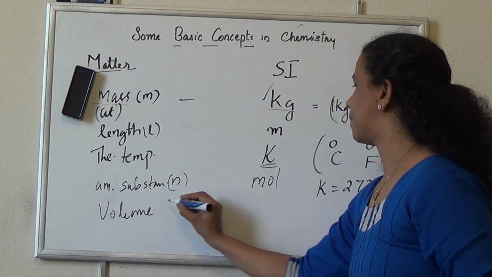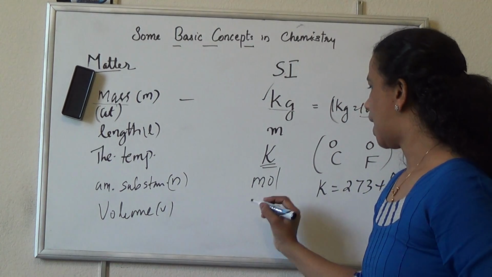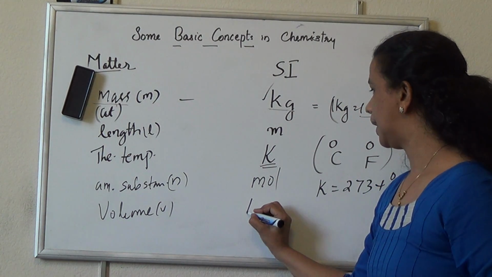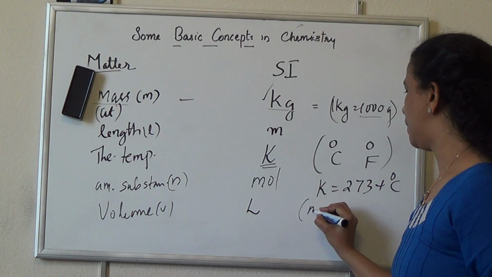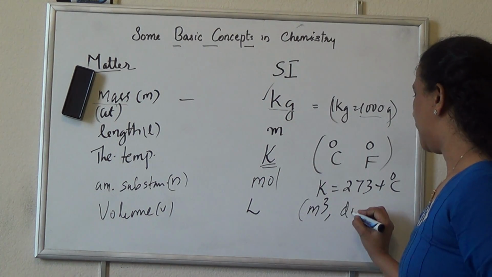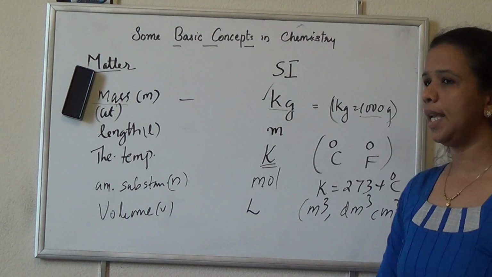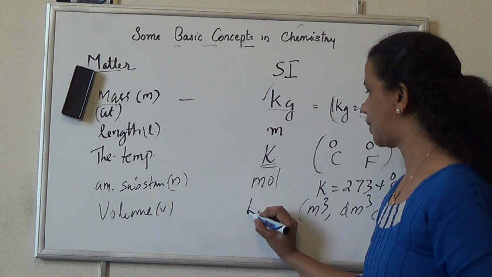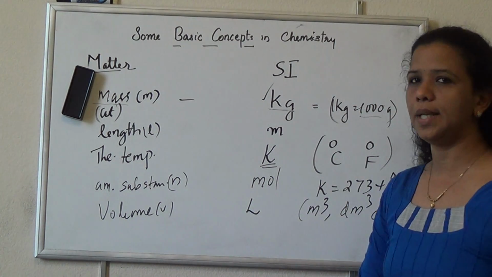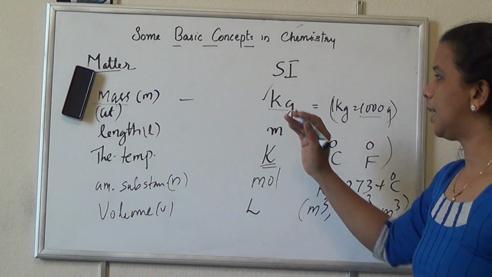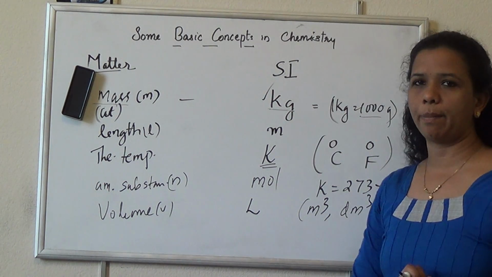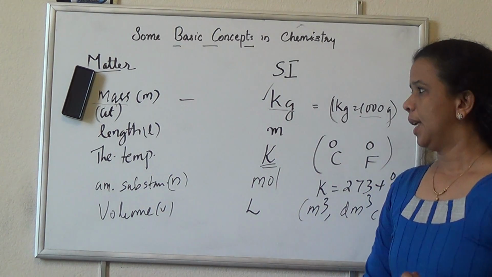Volume is represented by the letter V, and the unit used is liter. We can use meter cube, dm cube, cm cube, etc. These are other units, but the SI unit of volume is liter. So these are the different units of common properties of matter.